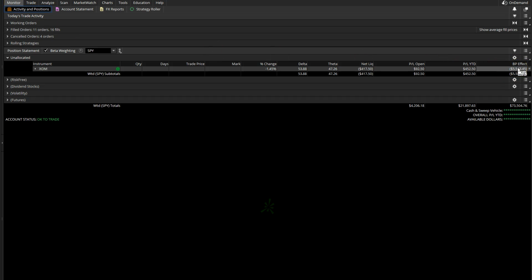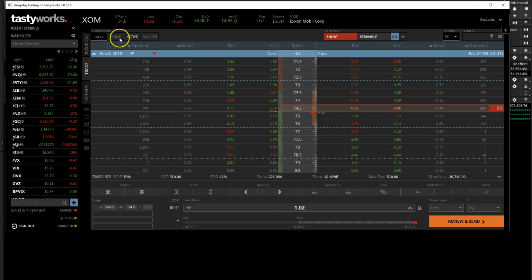And if we compare it with one of my Tastyworks accounts, let's go here. This is a Tastyworks account, and they don't have portfolio margin yet, so it won't be as efficient. First, if I get assigned and I buy it, I have to use over $30,000.